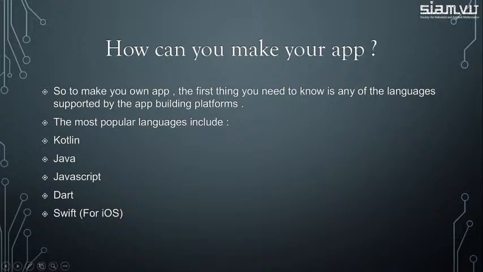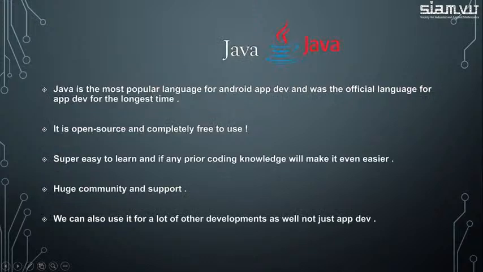If you have some prior coding knowledge, you might be able to pull off Dart, or pull off Kotlin as well. Kotlin is a little bit easier, but I would suggest go for Java first, then go for Kotlin, and then you can think about the other languages. We'll get to that. But yes, Java can be used for a variety of app developments, not just Android app dev, right? So that again makes Java a super efficient and a very popular option.